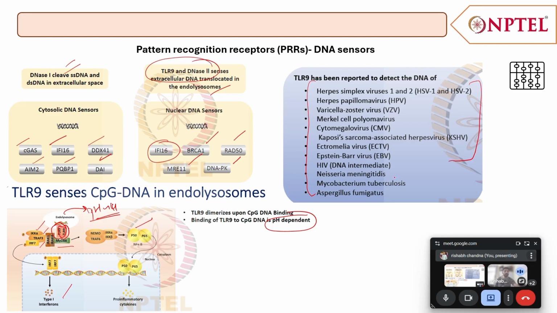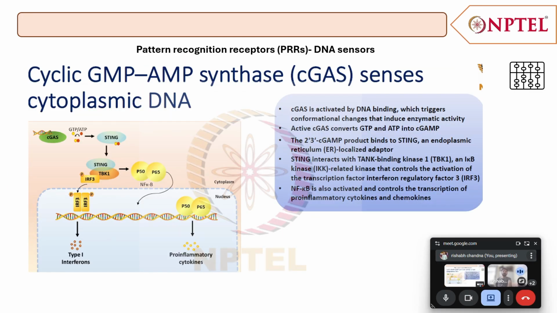Then we have Neisseria meningitidis, Mycobacterium tuberculosis, and Aspergillus fumigatus. So these are fungal, bacterial, even parasitic molecules, and the rest are viruses that have been shown to be detected by TLR9. Now there are some pathways by which DNA sensing takes place.